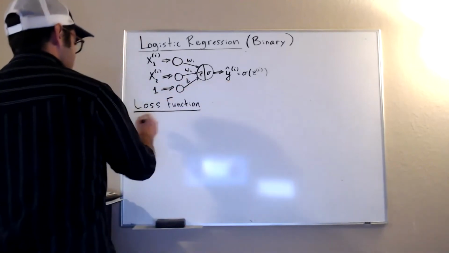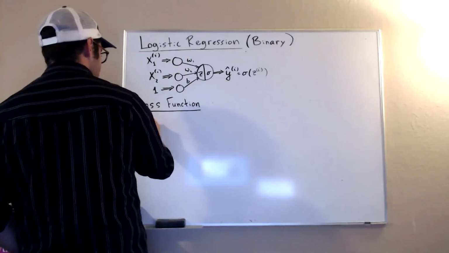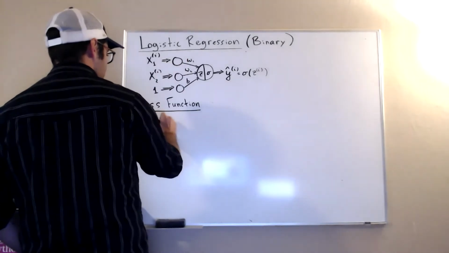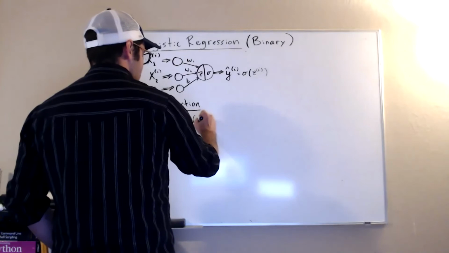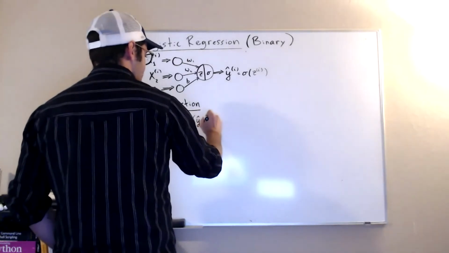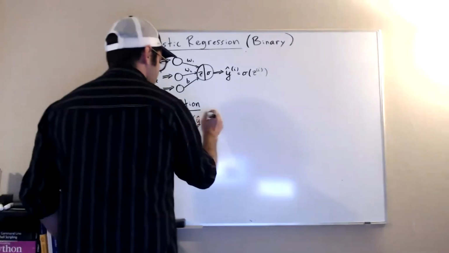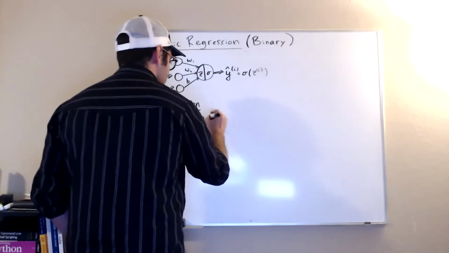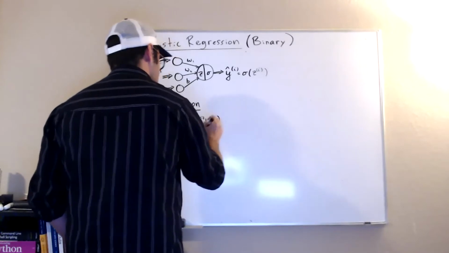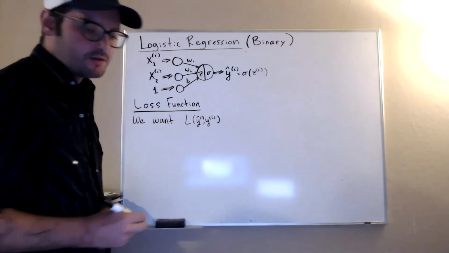And by that, I mean, we want something like a loss function that compares y hat to y for a given input i, with superscript i there, right?